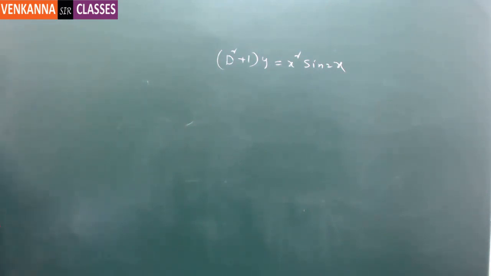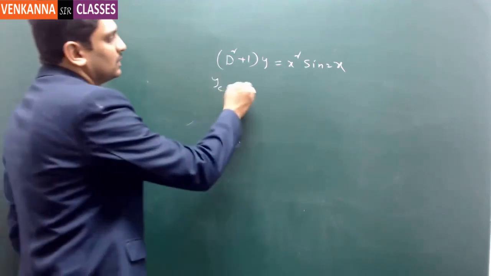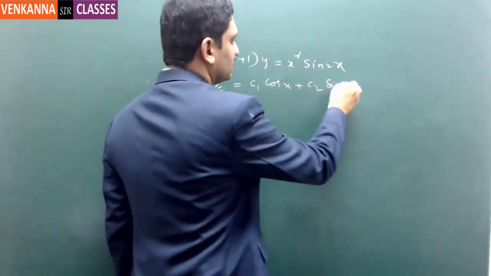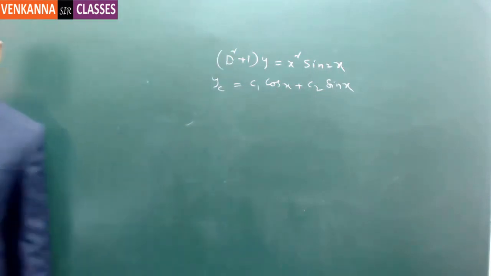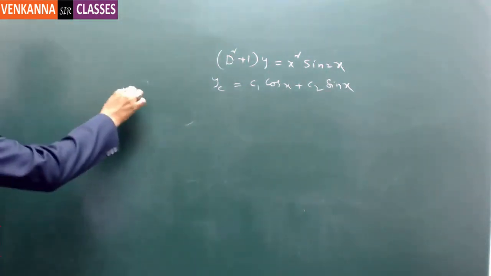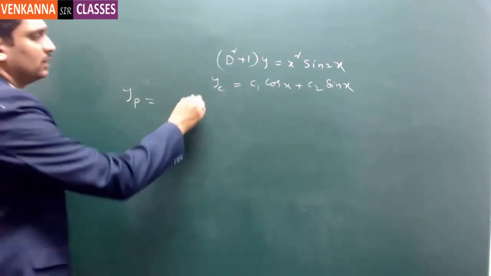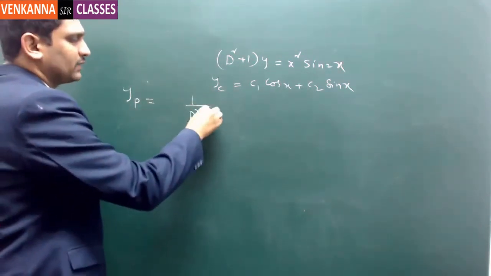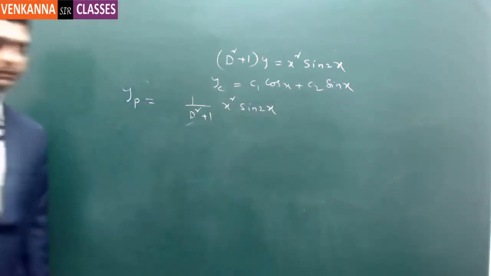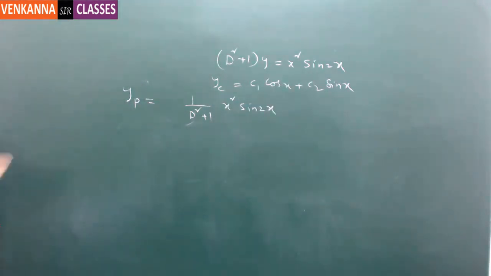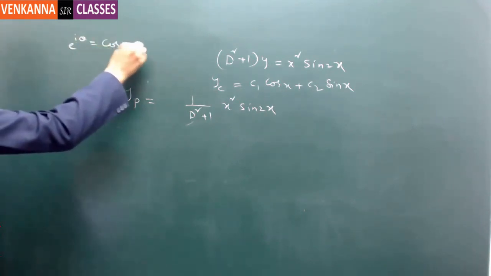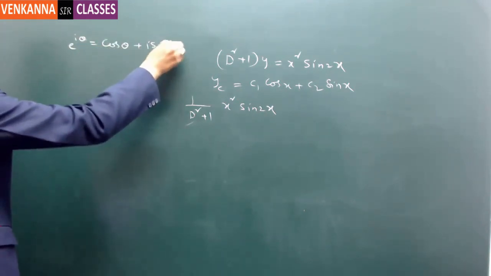And if you calculate YC, it is C1 cos x plus C2 sin x. Accepted? Fine. Now to find YP, 1 by d square plus 1 into x square sine 2x. So as we know, e power i theta is equal to cos theta plus i sin theta.